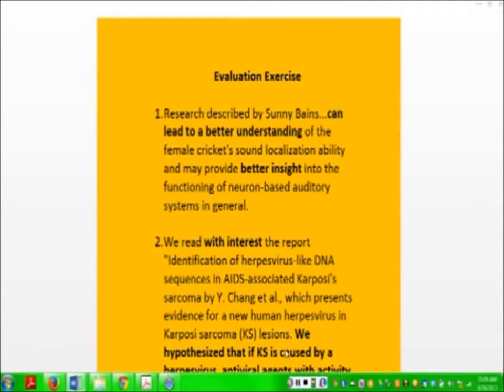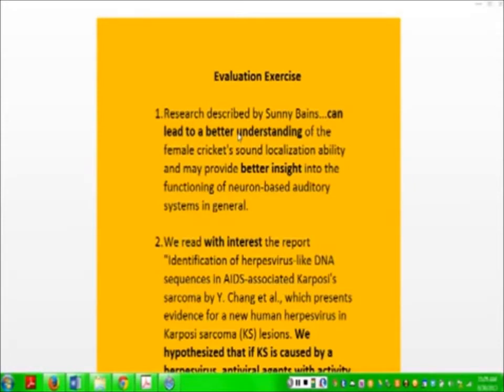So here, if we look at the boldface, we can look at research described by Sonny Baines can lead to a better understanding of vocalization ability, okay? So here, the value that we're looking at is understanding, or to understand something is one of the goals of research.